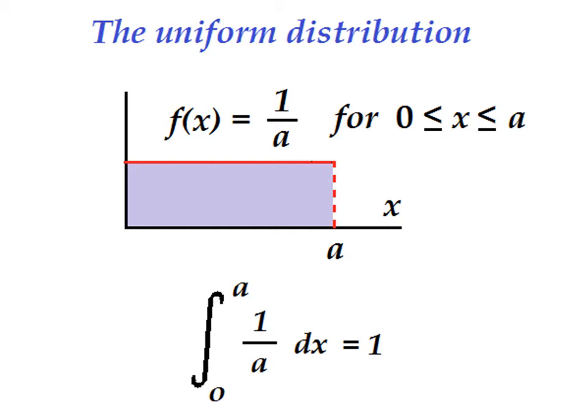That would simply give you a random variable with a uniform distribution between 0 and a.